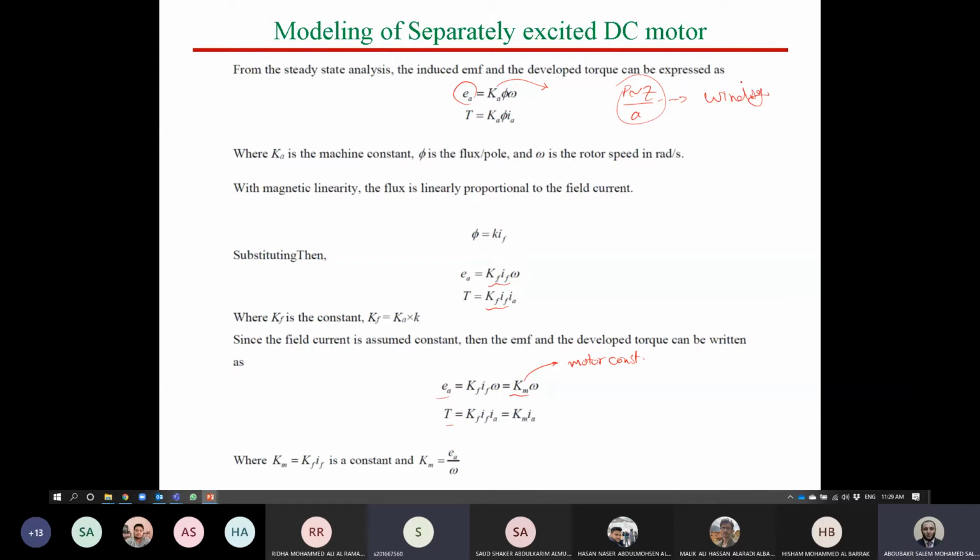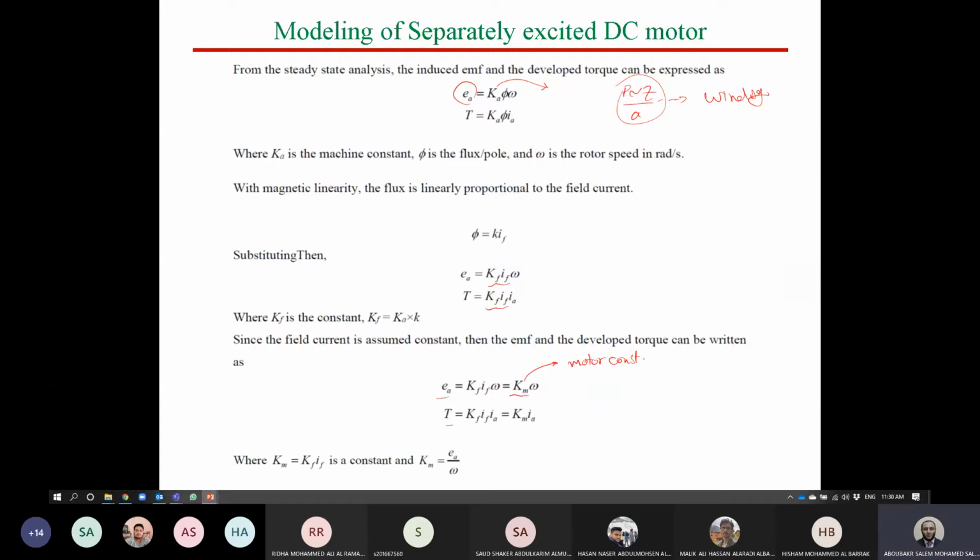So if you review the E360 course, you will find that DC motors have the motor constant, which is depending on number of poles, number of conductors, number of turns, and number of parallel paths. All of these variables are constructing the variable of K. Okay? So it depends on the machine windings type.